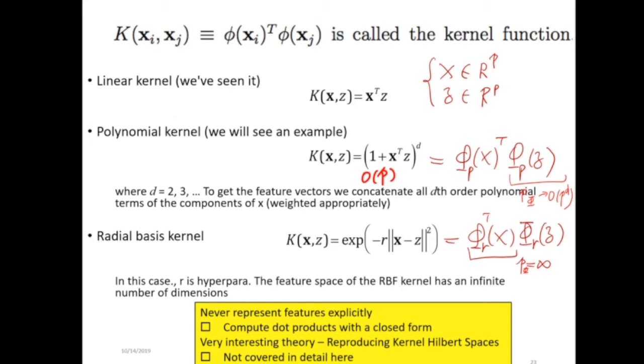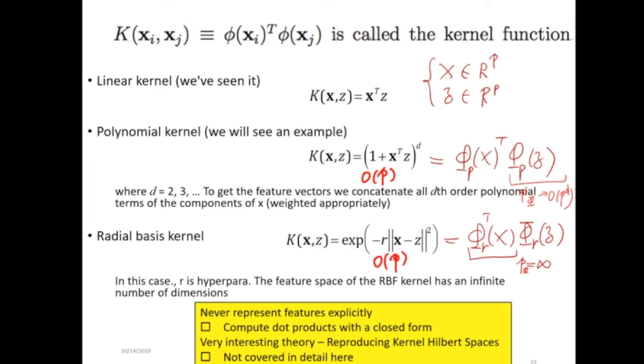So what is this cost? x minus z, element-wise minus, then take the squared length. It's still O(p). There's no quadratic, whatever, at all. So this is still an O(p) cost.